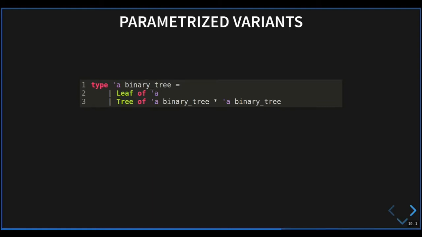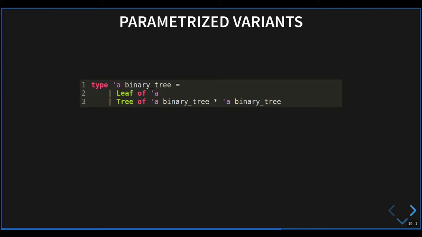So we can use parametrized variants for that. And this looks pretty much the same like the previous example, but we have this type annotation, which is the actual type stored in the leaf.